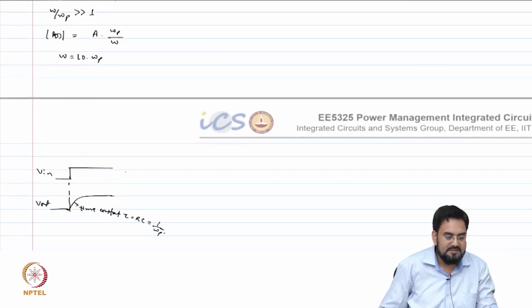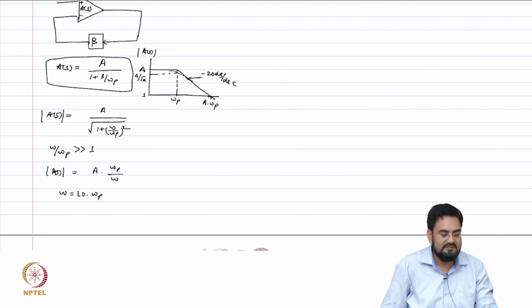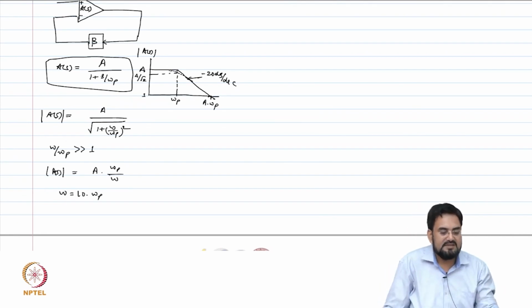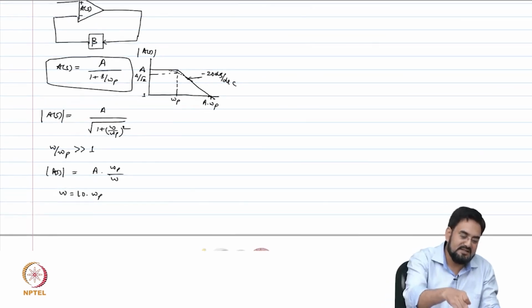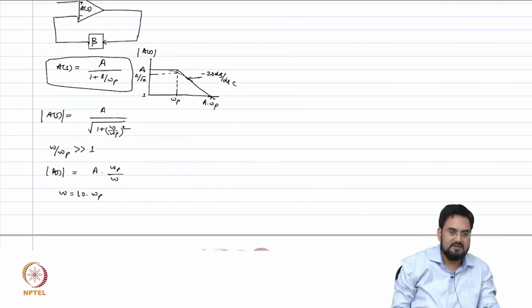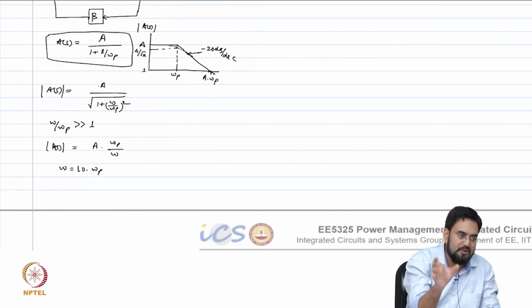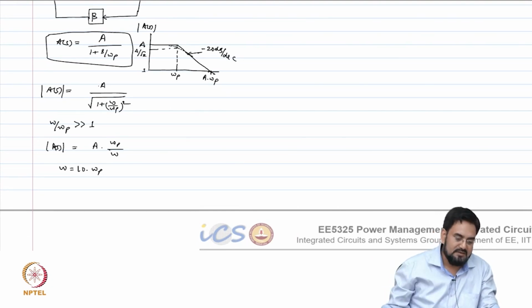So a first order system is always stable as long as your pole is in the left half plane. If you make it in the right half plane, then what will happen? This system will become 1 minus s over omega p. I am just saying that this will become, but you have to look into the closed loop perspective. So when your closed loop pole comes in the right half plane, then what will happen?